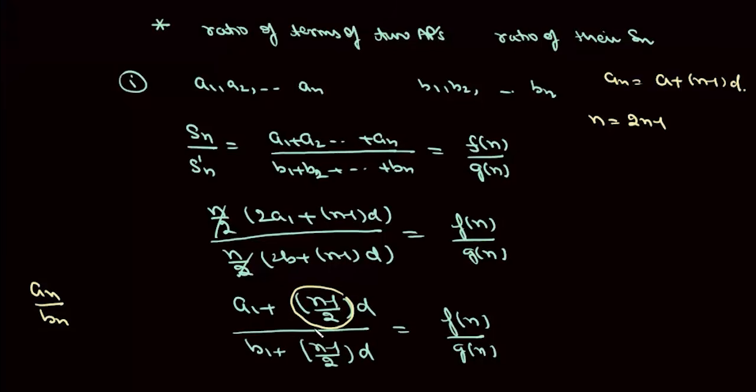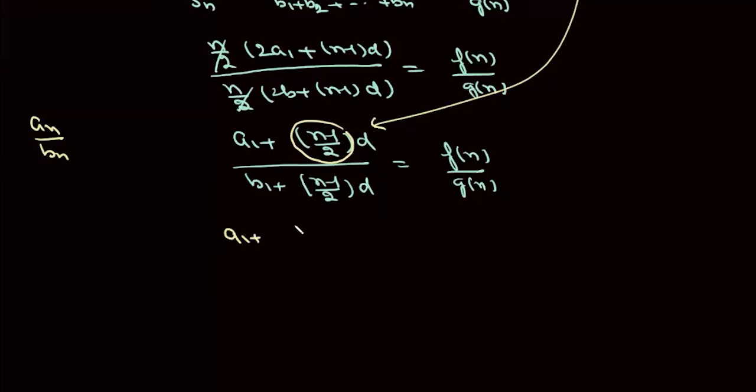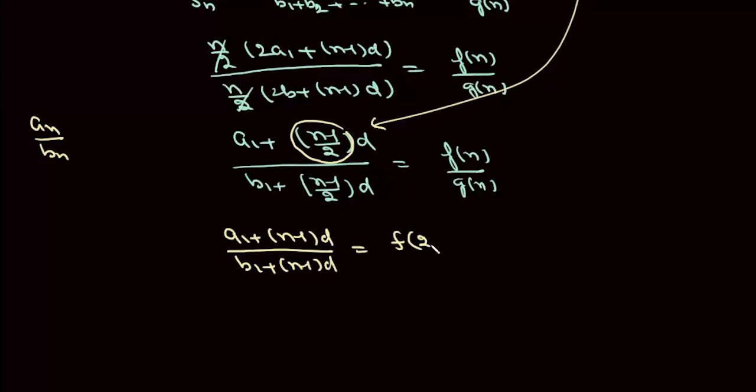So if we substitute n with 2n minus 1, we can write this as (a1 plus (n minus 1)d) upon (b1 plus (n minus 1)d dash), and here also we will change n with 2n minus 1, and it will be f(2n minus 1) by g(2n minus 1), and this is nothing but your ratio of terms. So from the ratio of the given sums, we can find the ratio of the given terms.